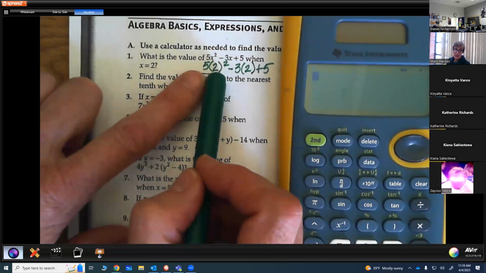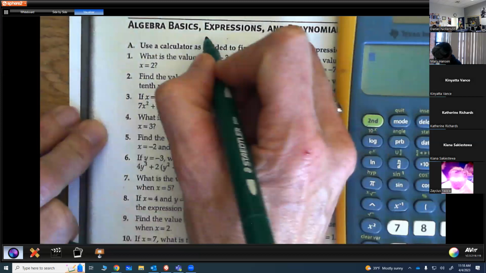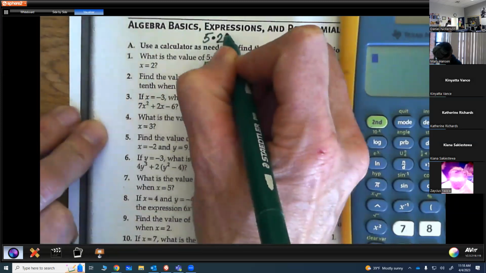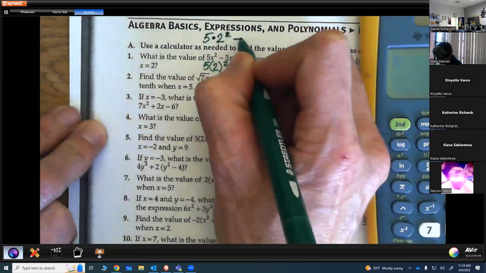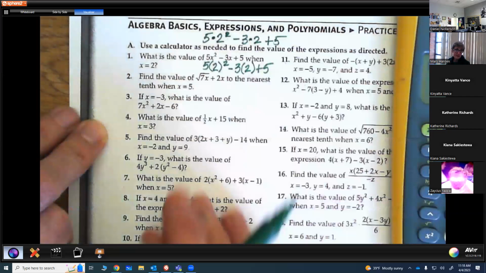Since it's positive, it doesn't require them, but you won't get the wrong answer if you put them in when it's not necessary. So if you had wanted to write this as 5 dot representing multiplication, 2 squared minus 3 dot 2 plus 5, you could do that.